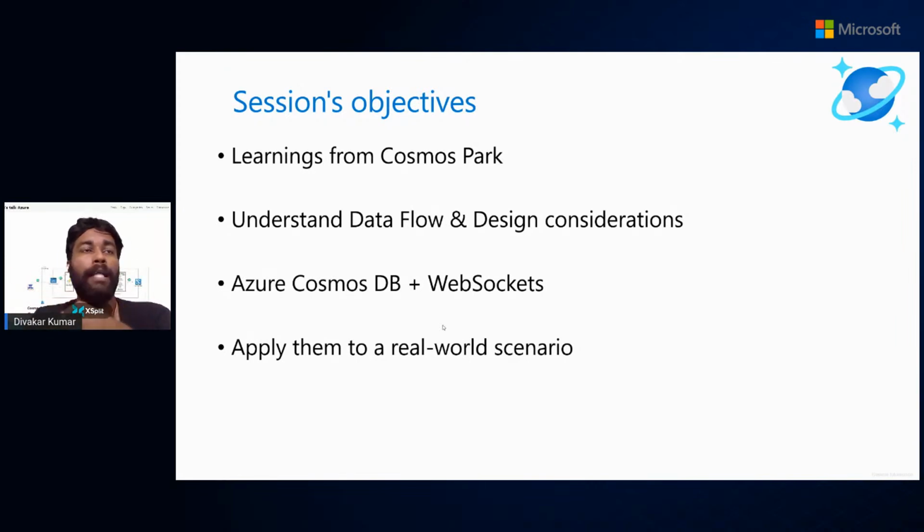And the third part is the most interesting part, because at the end of the day we need to show something in the front end, right? So we are going to see about WebSockets and how they can be interlinked with Azure Cosmos DB. And at the end, we are going to see a real demo on this.